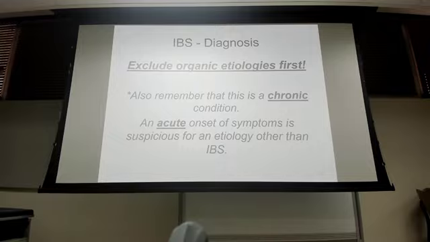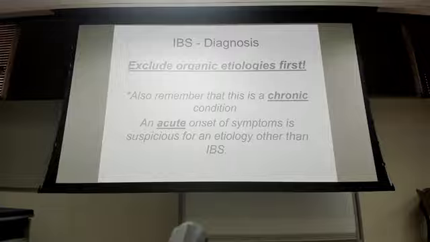Diagnosis of exclusion, right? Exclude organic diseases first. And you have to have this tough conversation with your patient after you have excluded things that are badness, that we need to get rid of the badness, or we need to intervene to help them with their issue. If we land on IBS, then we have to make sure our patient understands this is going to be a chronic multifactorial issue. This is not something we can medication away completely.